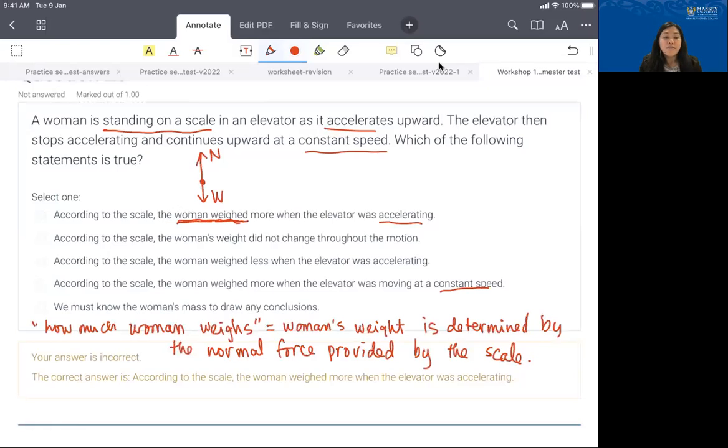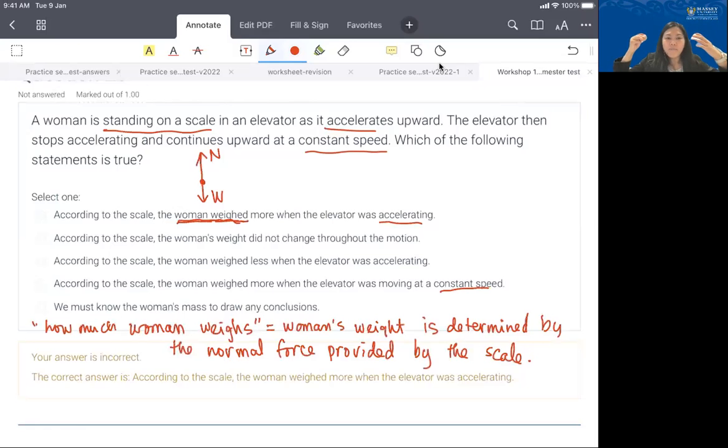So when the scale is on the floor of your bathroom and you step on it, you are able to read your weight, because in that case the normal force is equal to your weight force, and your weight is determined by the normal force provided by the scale that is supporting you. That's a little bit of a tricky concept to get your head around.